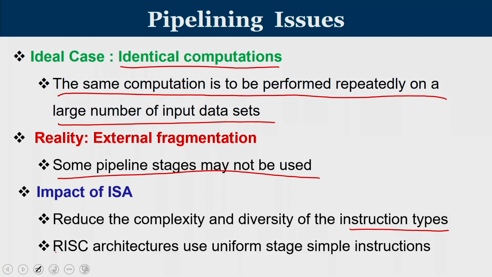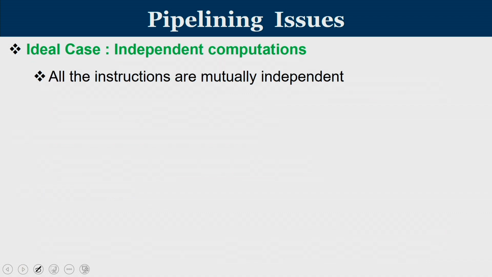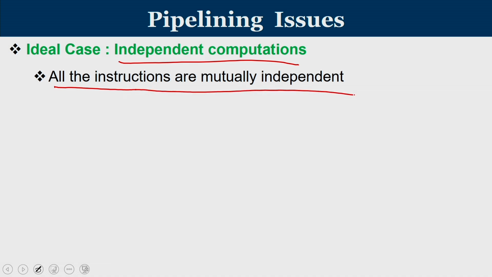The second point is that the RISC architecture uses uniform, simple instructions. That is one reason that your RISC architecture will beautifully fit into this 5 stage instruction pipeline. And the third pipeline issue is independent computations. Our idealistic assumption is all instructions are mutually independent.